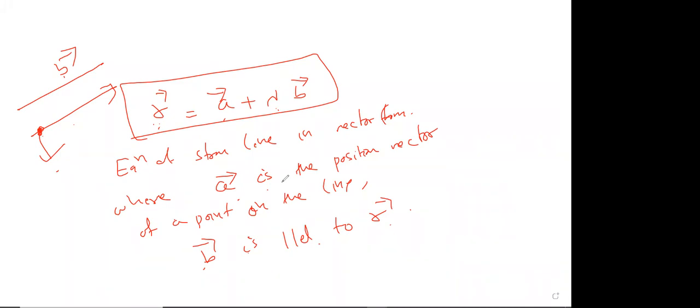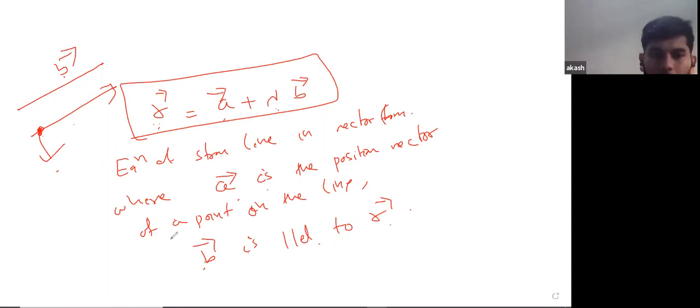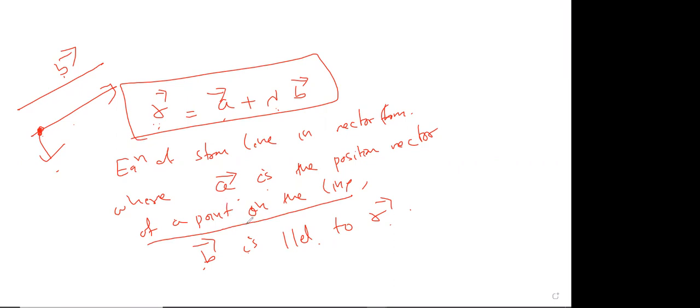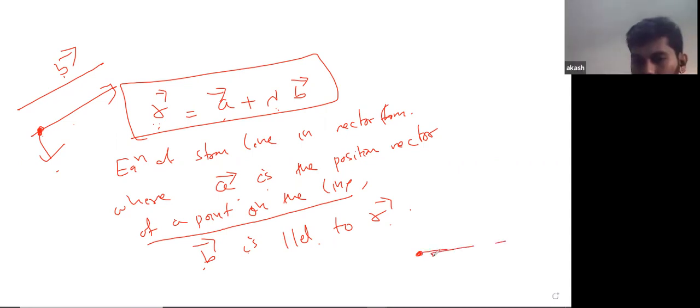Here A is the position vector of a point on the line. You always need two things to find the equation of a straight line. Here, they have given you a point the line is passing through, suppose this is 2, 1, 3. The line we have to find the equation of is parallel to the B vector.